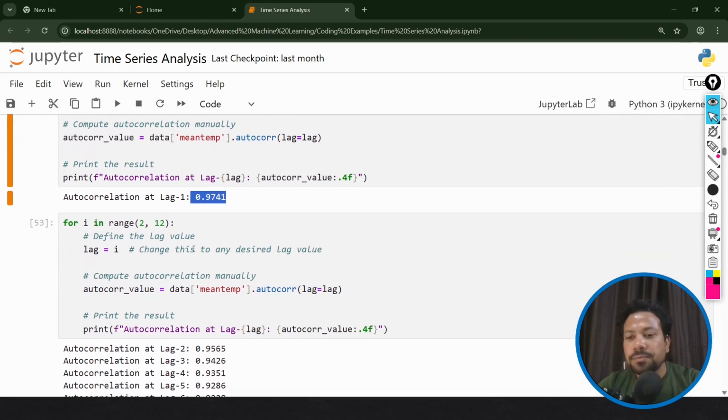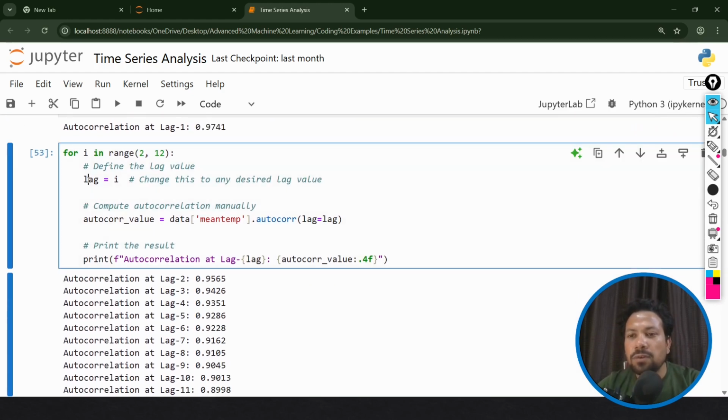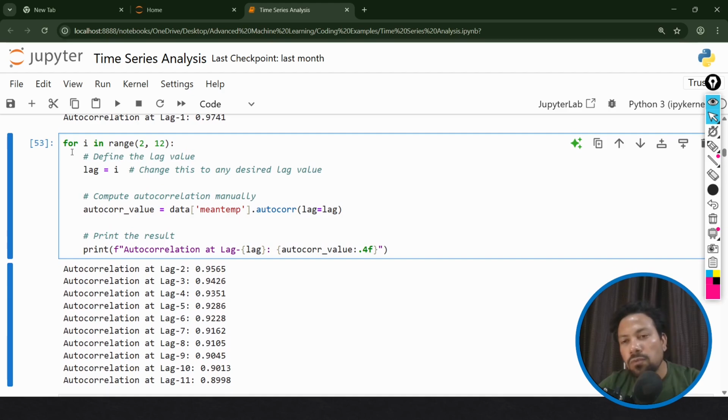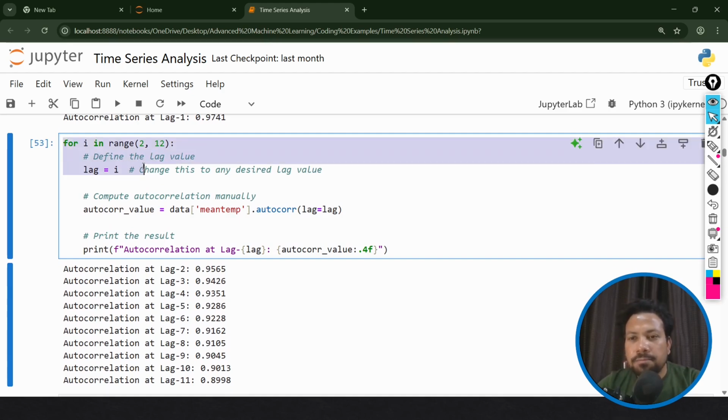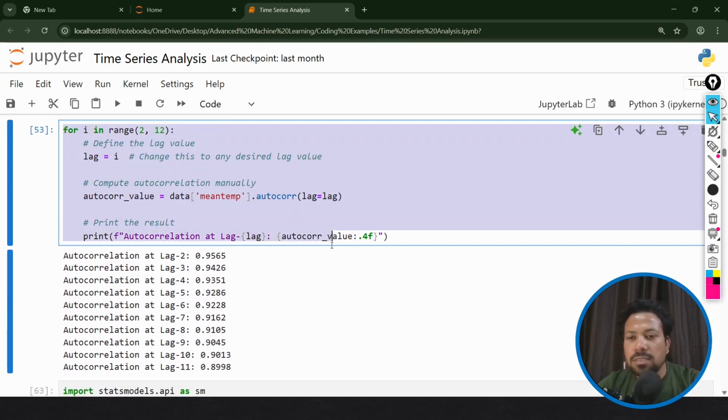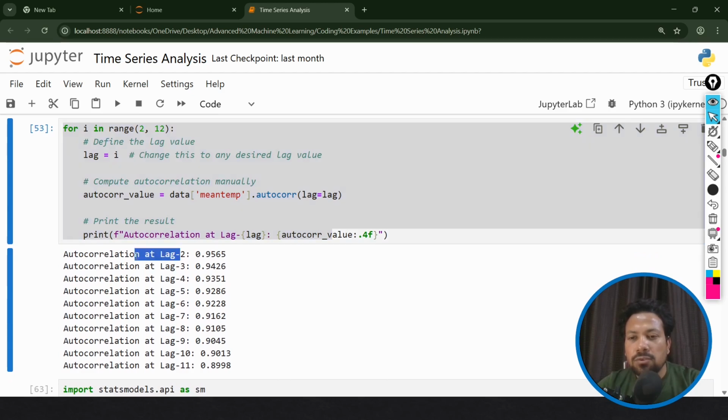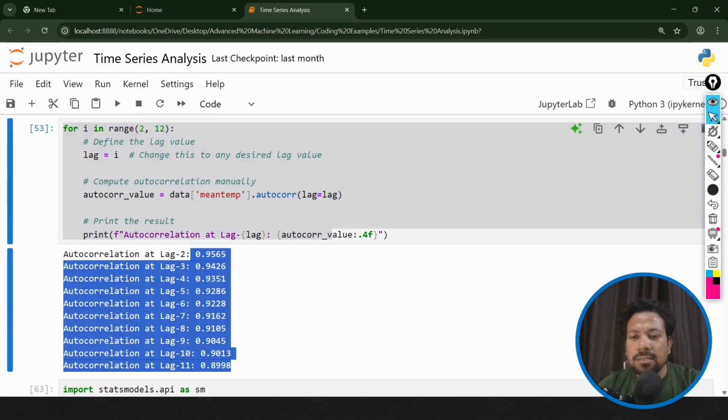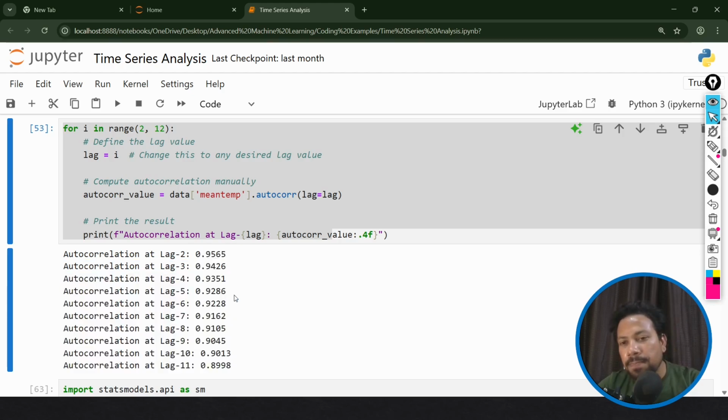Now I have also found the autocorrelation for different lags. As you can see here, for lag 2, lag 3, lag 4, the autocorrelation for different lags is written over here. For lag 2 it is 0.95, and you can clearly see that the autocorrelation decreases as you increase the lag.